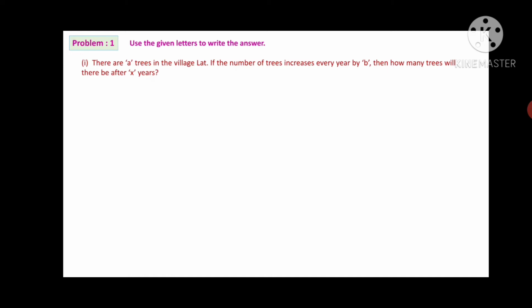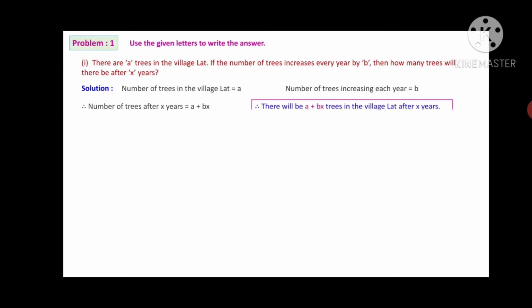After X years, the number of trees in the village lot at present is A, and the number of trees increasing each year is B. Then the number of trees after X years will be A plus BX. Therefore, there will be A plus BX trees in the village lot after X years.